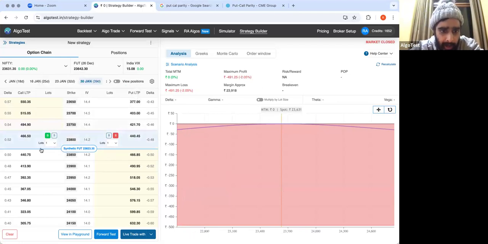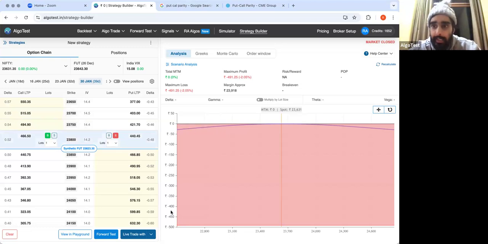So basically, we talked about why the IVs of the call and the put need to be exactly the same, so let's do some cheating. Let's change the IVs over here. Right now, both are being priced nearby at a 14.2 IV. If they were both exactly priced at a 14.2 IV, then this would be zero.